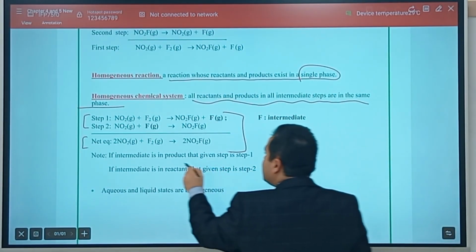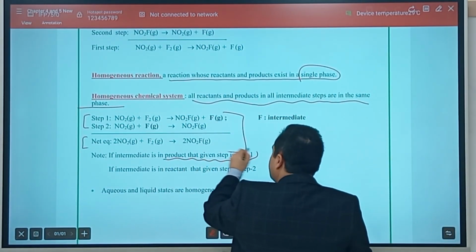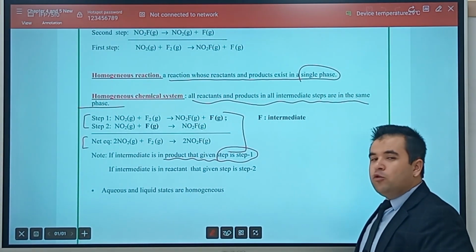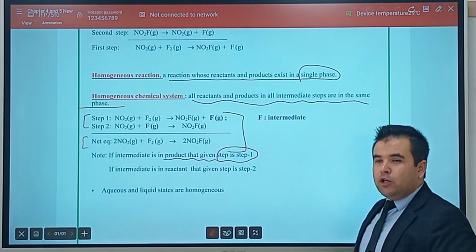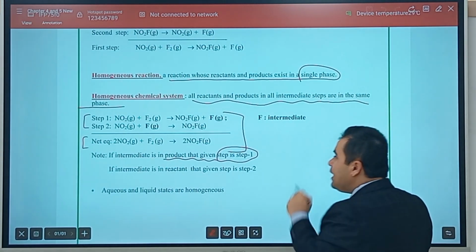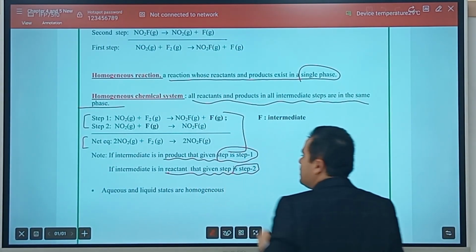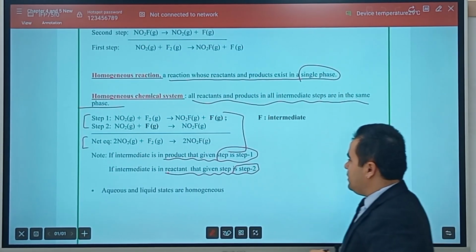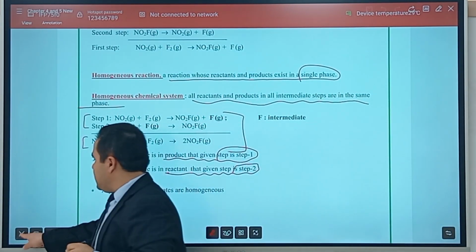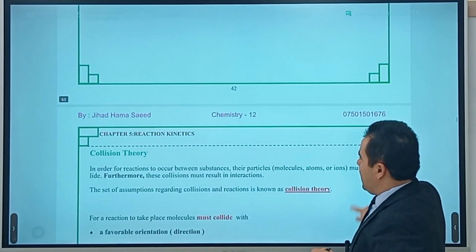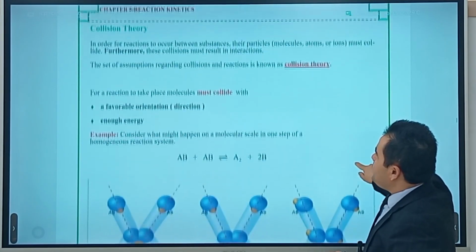If the intermediate is in the product, that step will be the first step. We'll talk about this when finding the rate law. If the intermediate is in the reactant, that will be the second step. And homogeneous applies to aqueous and liquid, not to solid, and to gases as well, we can say.